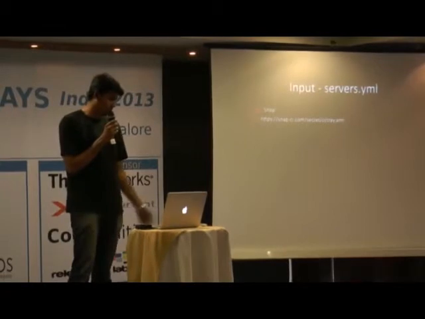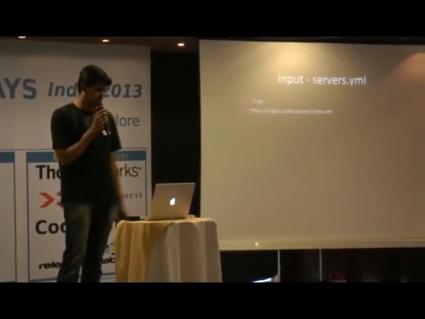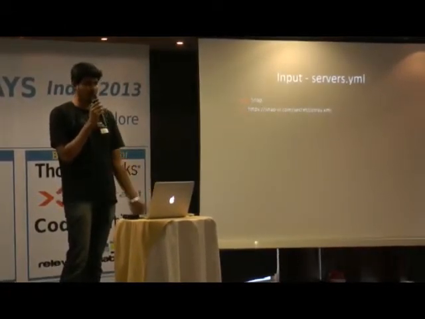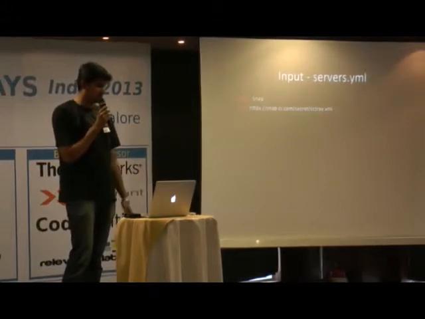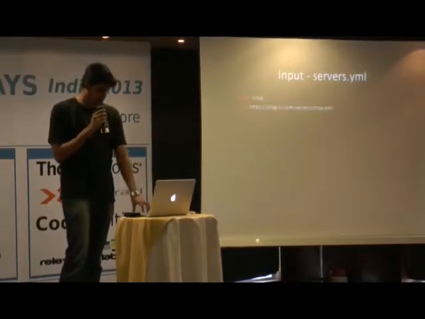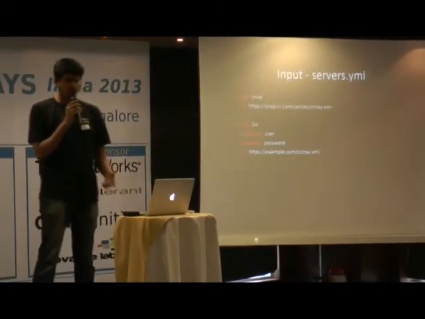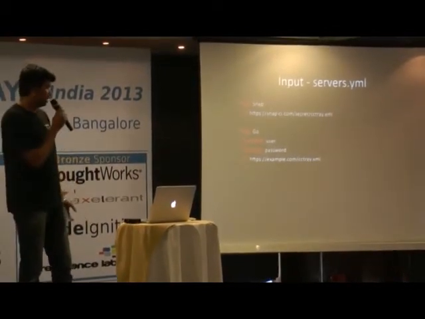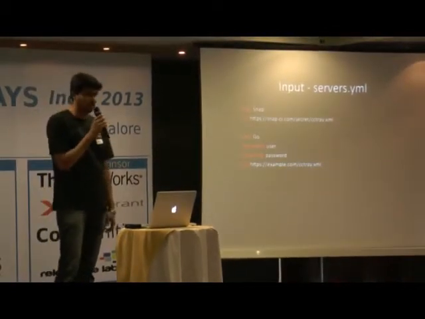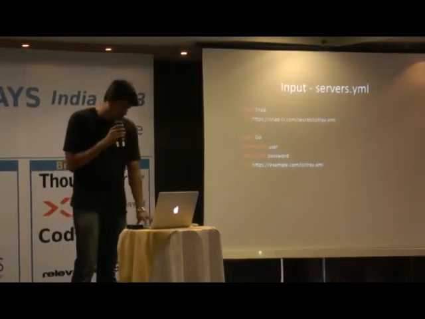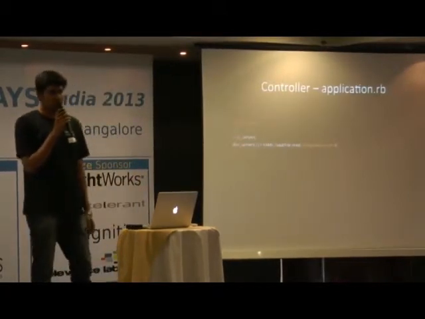If you're using a basic CI server like Snap, it does not require any authentication, it just has a CC tray URL that you can use. And if you're using something complicated that requires authentication, you can even supply a username and password in your server's YAML file.